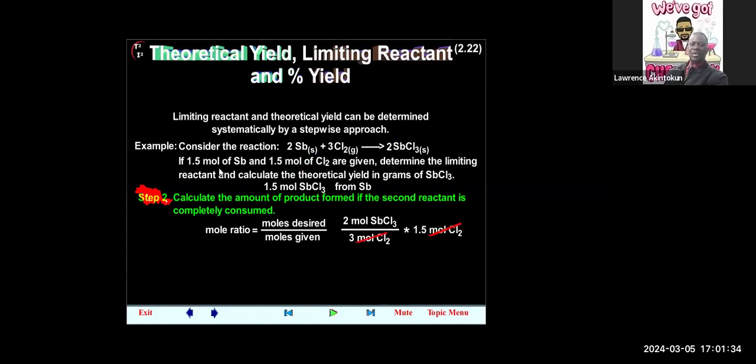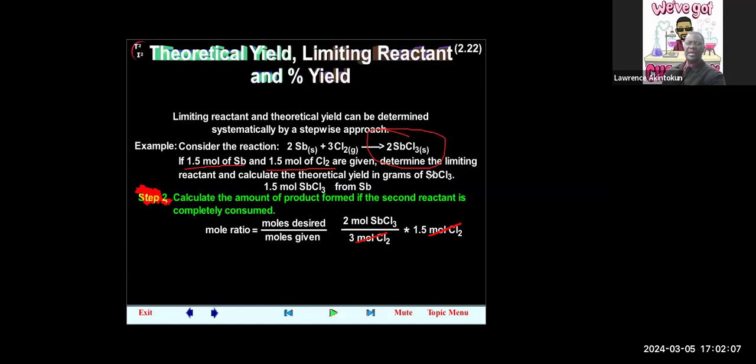Now, what we're doing here is producing the same product with the two reactants. Remember, you are given 1.5 moles of Sb and 1.5 moles of chlorine. So you are using these two reactants to produce SbCl3, which you are calculating in grams.